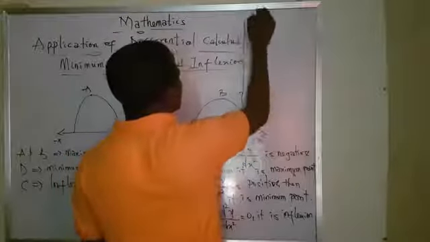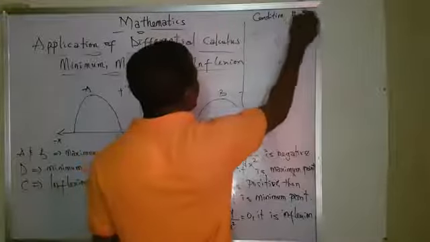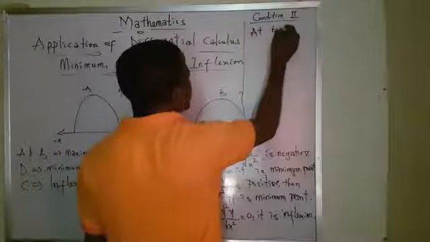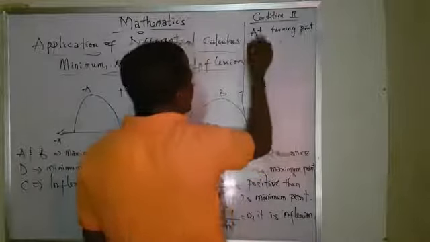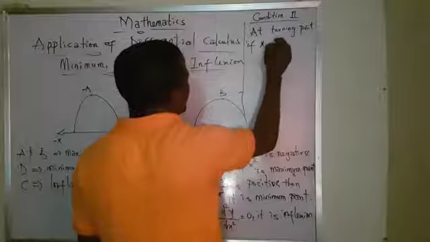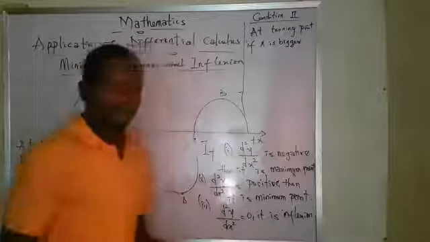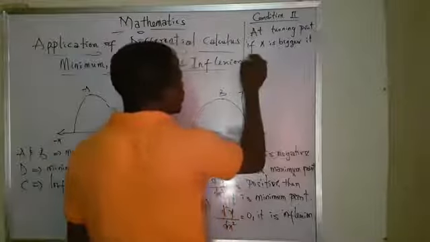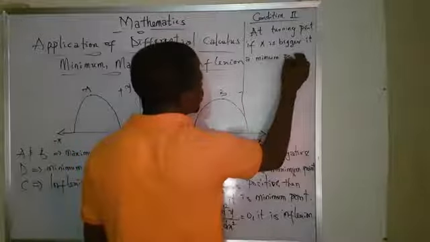Let me call this condition 2. At turning point, if x is bigger, it is our minimum point.